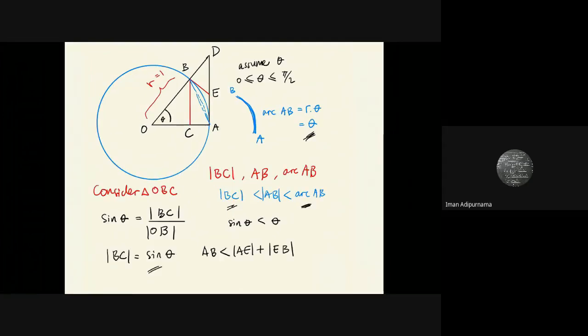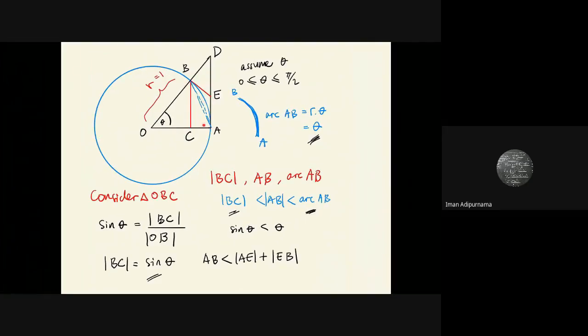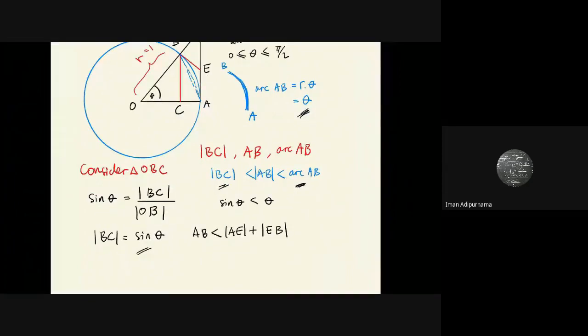So this is AB here. Of course, AEB is longer from the geometric perspective. Or let's say this is arc AB. It's also still shorter than AE plus EB.